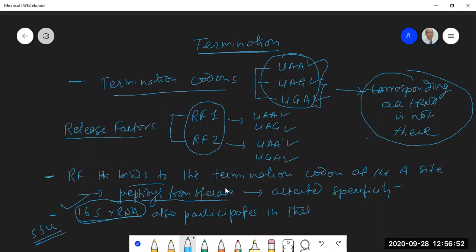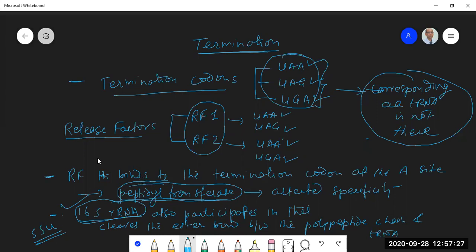Okay, so this peptidyl transferase with the altered specificity, what does it do? It cleaves the ester bond between the polypeptide chain and tRNA.